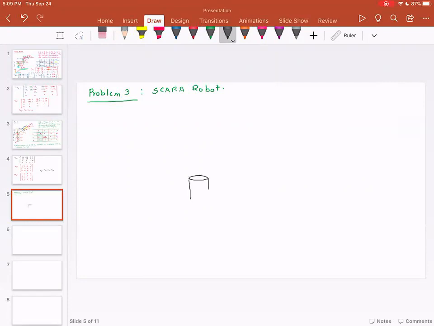The kinematic diagram looks like this, and you have this prismatic joint. The SCARA robot is revolute. You can make it 3 revolute. If that's what you assume, that's totally fine. The process will be the same.